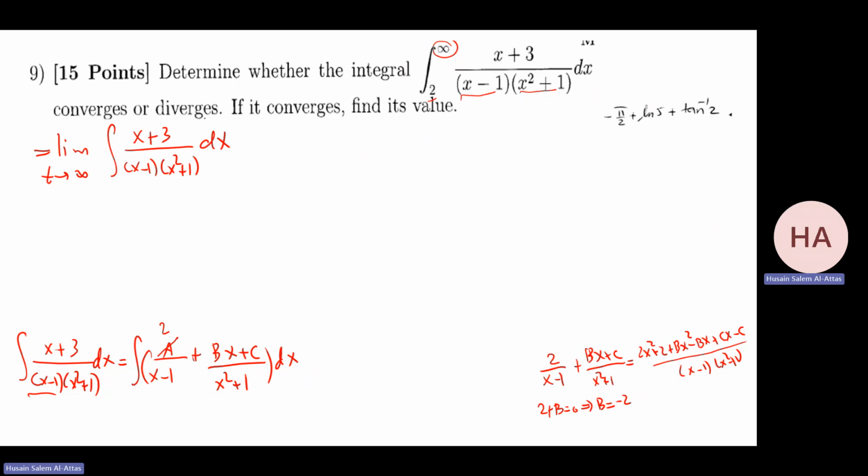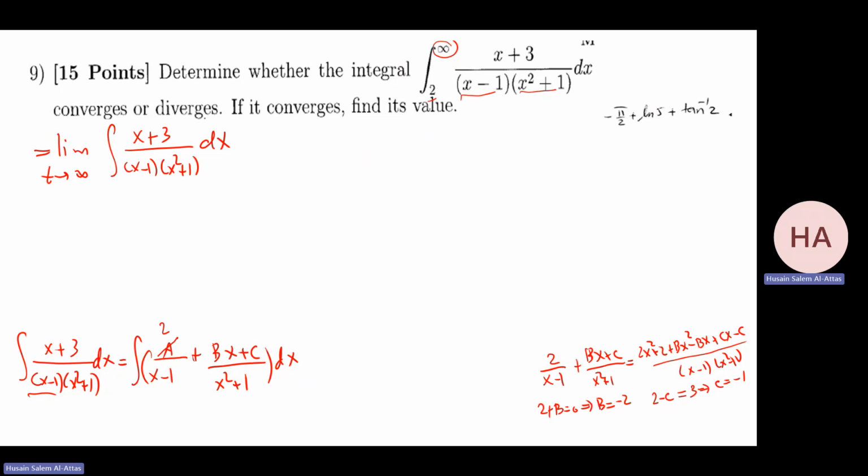I have 2 minus C. What is the coefficient of that? That will be 3. So C equal minus 1. Check. C is minus 1 and B is minus 2. 2 minus 1, that will be 1. That will be correct. So this will be the answer.